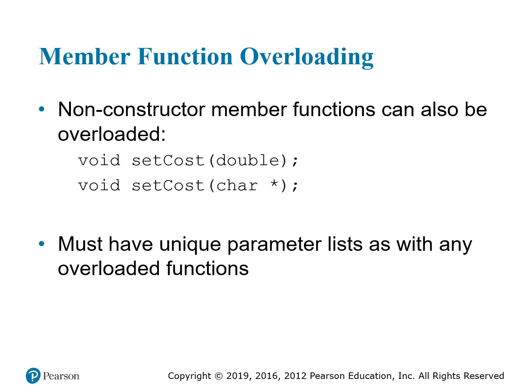As with any overloaded functions in C++, they have to have unique parameter lists. You can't have two different doubles, set cost double price and set cost double net price or something. That won't work. You have to have different parameter lists.